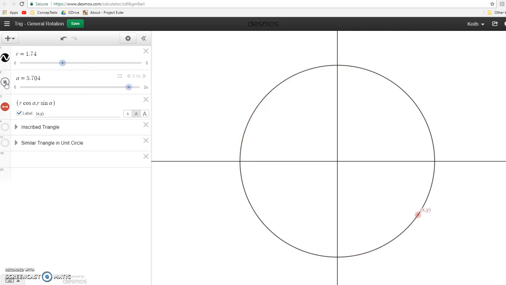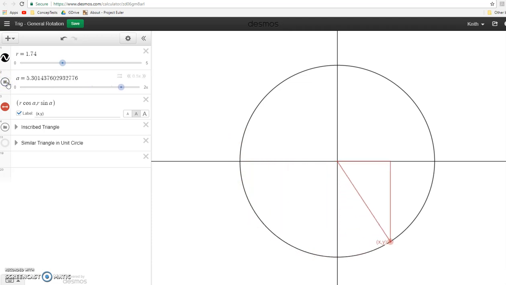Now, what we had stopped with in the last unit was, okay, I could inscribe a triangle into my circle based on my point. I would have my hypotenuse go from the origin to my terminal point. I would then drop a vertical down to the x-axis, or alternatively up to the x-axis, depending on where my point was.